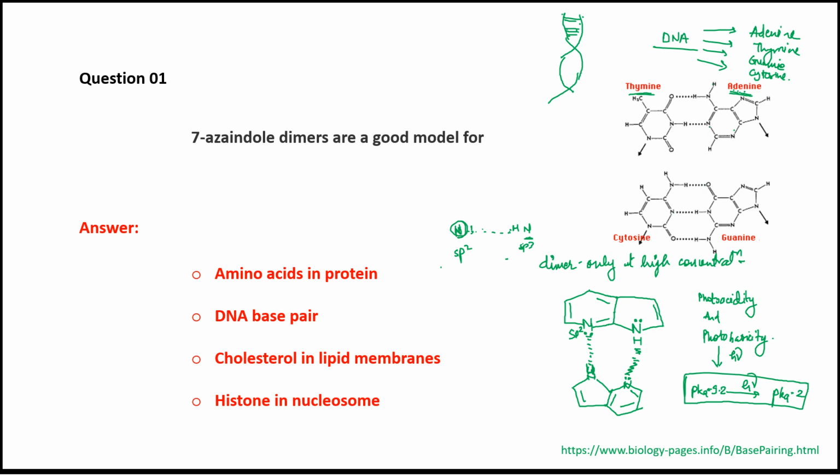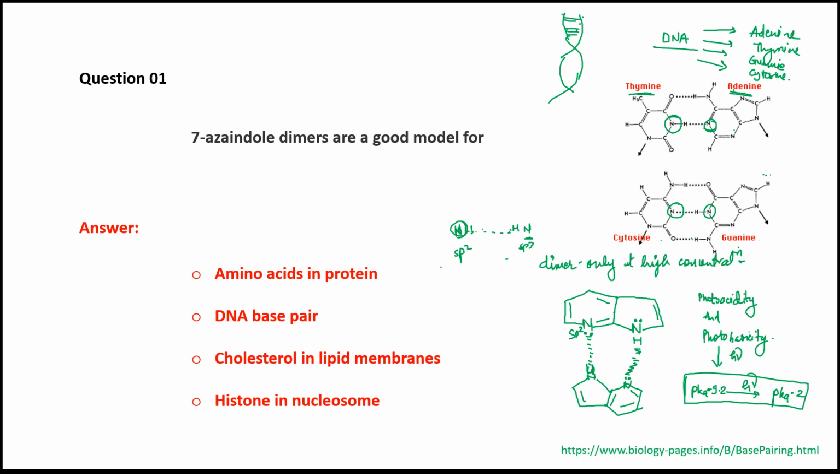Okay, and if you look carefully here, see this nitrogen and this nitrogen, it is somewhat similar to what we have seen in the 7-azaindole dimers, and therefore in C similarly, and in G and C also you will observe the same thing.